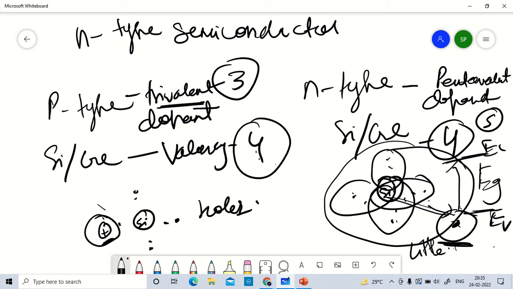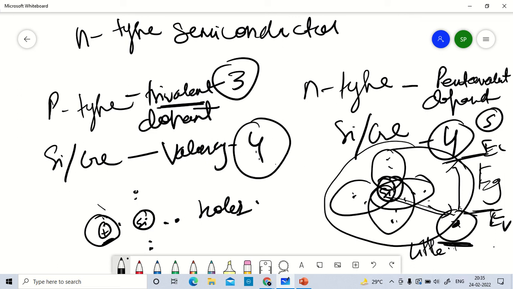This is in contrast to the energy required to jump the forbidden band, about 0.72 electron volt for germanium and about 1.1 electron volt for silicon at room temperature with an intrinsic semiconductor. Please underline this. This is really important. Even I was remembering, I don't remember these values very well.